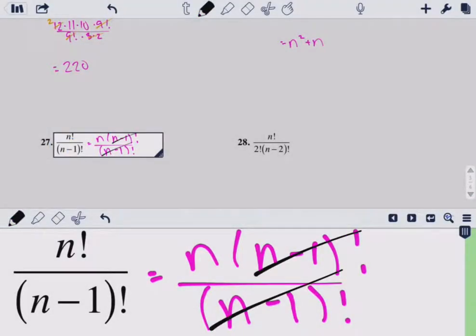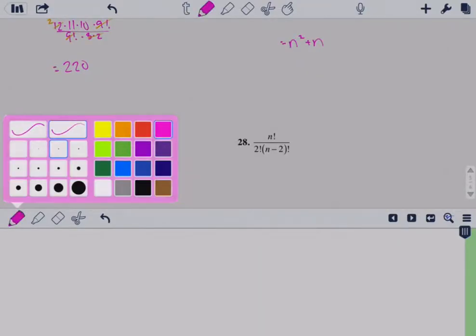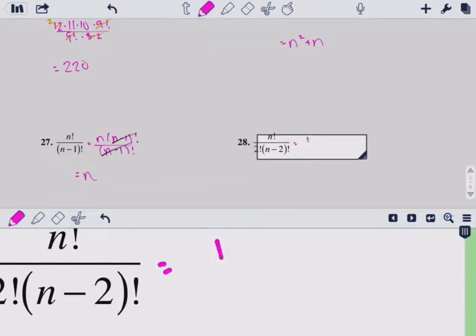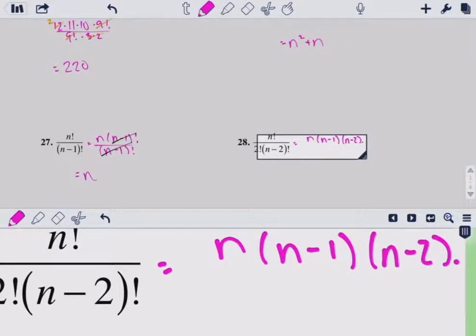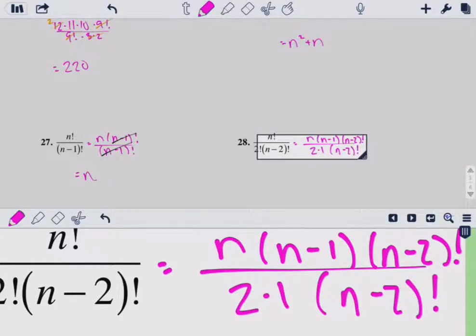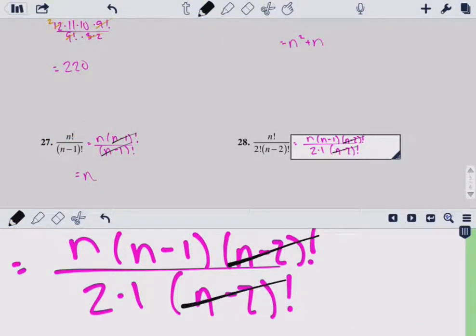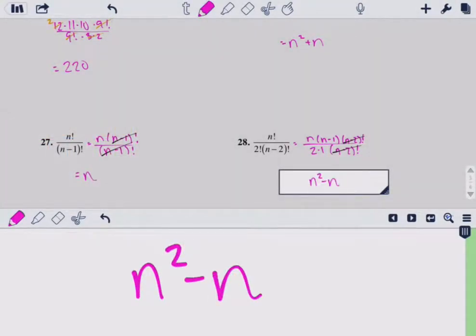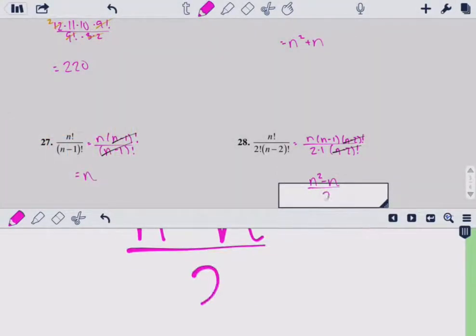The n minus 1's cancel, and I'm left with n. Again, do the top. N times n minus 1 times n minus 2 factorial over 2 factorial, which is 2 times 1 times n minus 2 factorial. The n minus 2 factorials cancel, and I'm left with n squared minus n over 2.